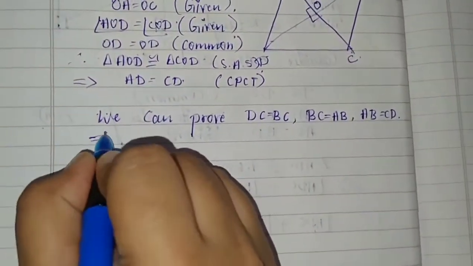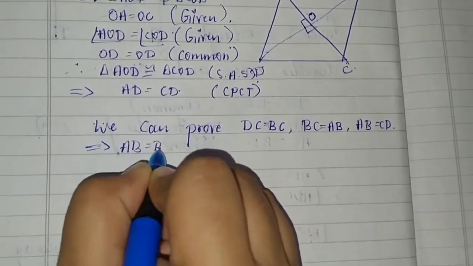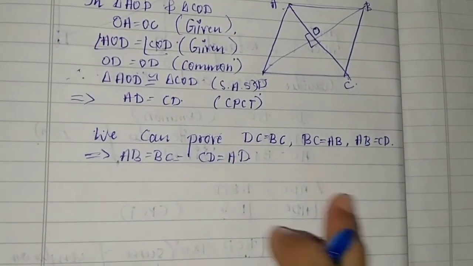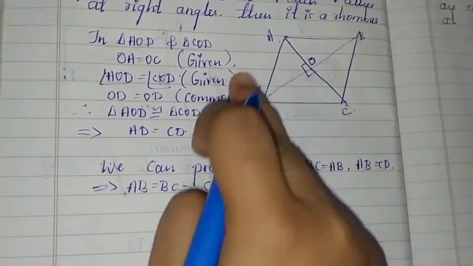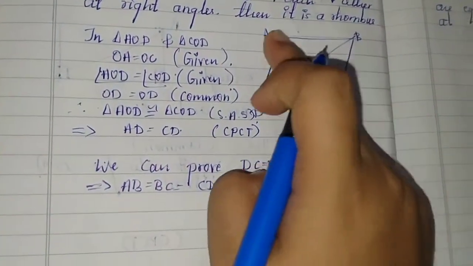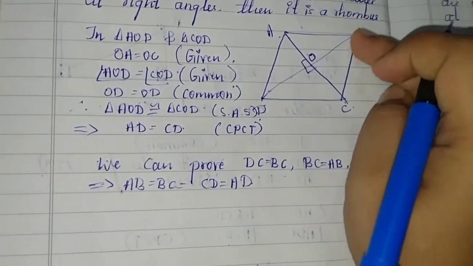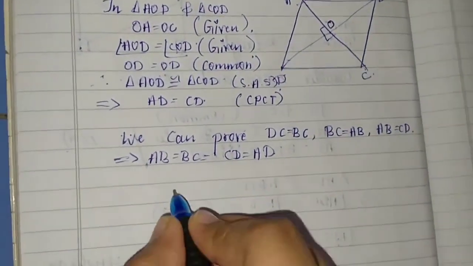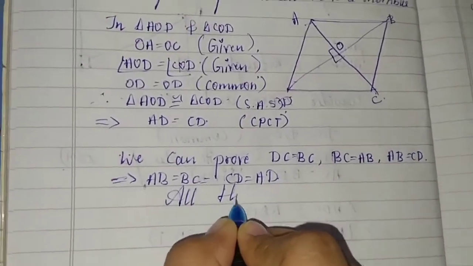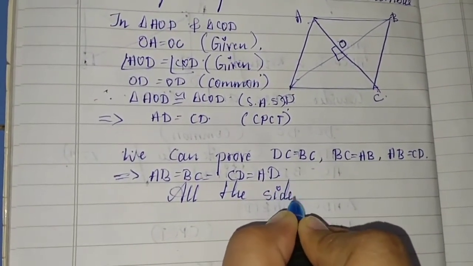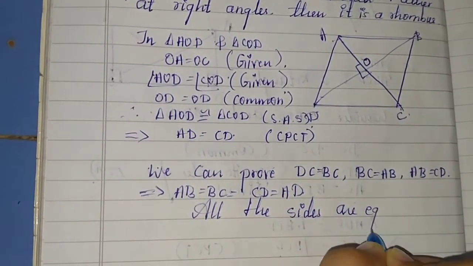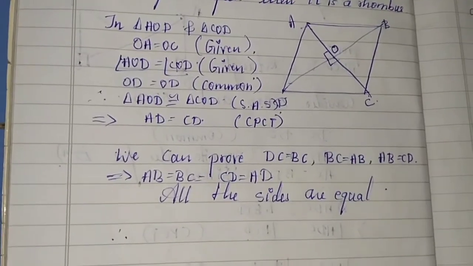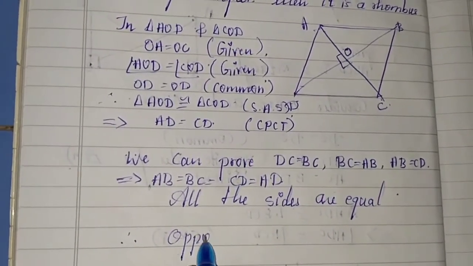This implies AB is equal to BC is equal to CD is equal to AD. So all the sides of this quadrilateral ABCD are equal, right?